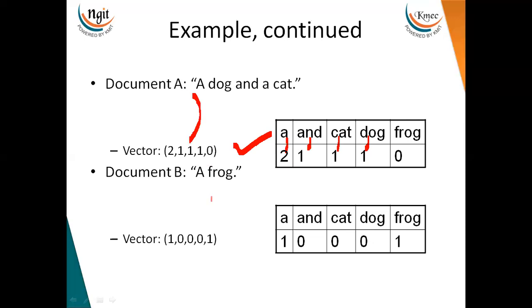Whenever a document is given to you, containing some set of words, you should be able to write down the vector for it. In the same way, a document containing only a and frog: only one is given to these two words and all the remaining words will be 0. So its vector will be 1, 0, 0, 0 and 1.